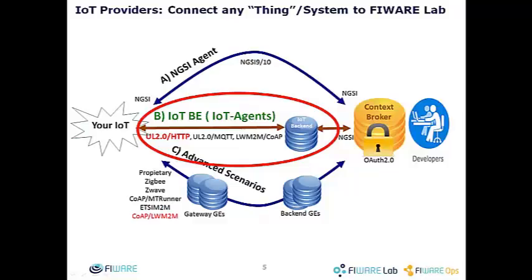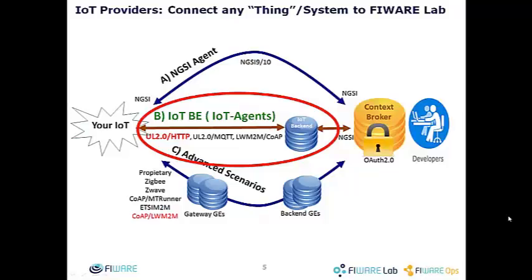This is where this IoT generic enabler comes in handy, because it allows your IoT devices to push and publish this data into the context broker using a very familiar and easy interface.